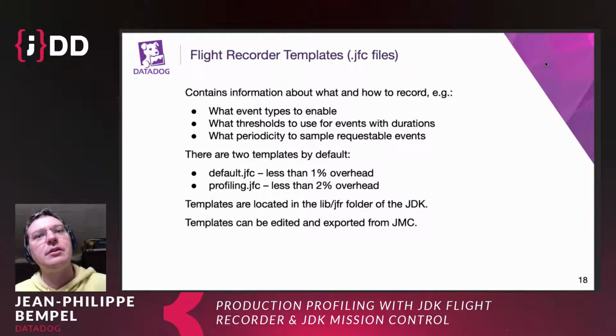The default, which has less than 1% overhead, and the profile, with more information and less than 2% overhead. Those templates are located in the lib/jfr folder in the JDK, but they can also be edited via Mission Control.